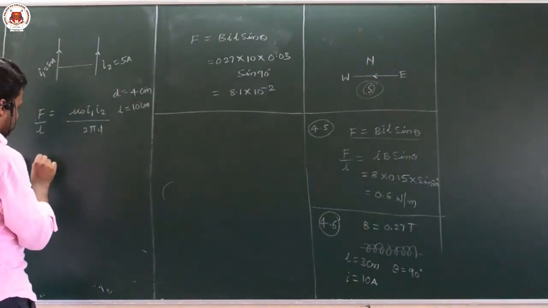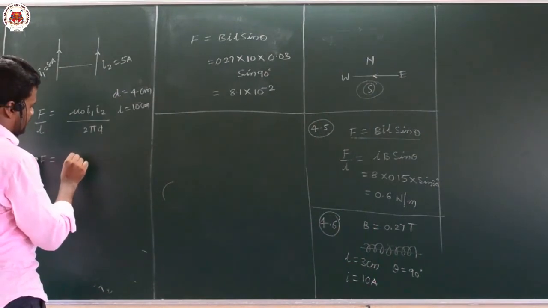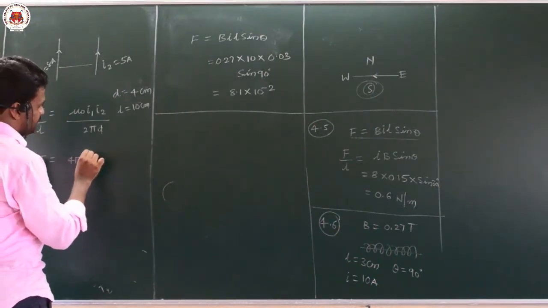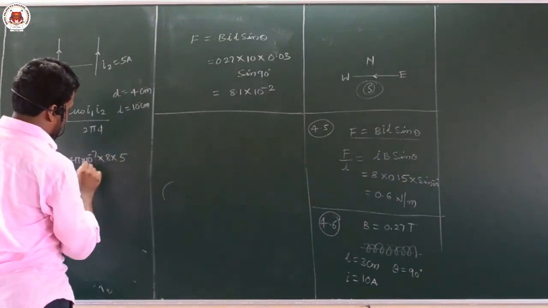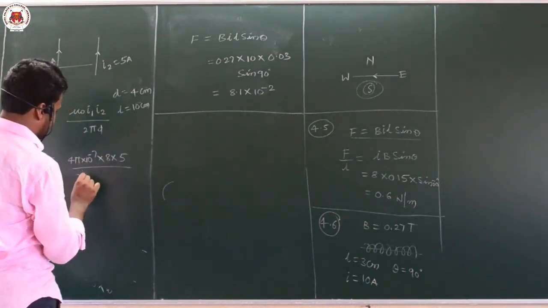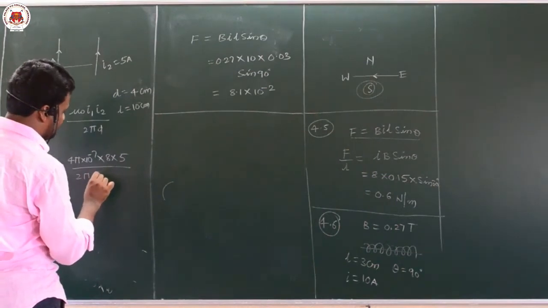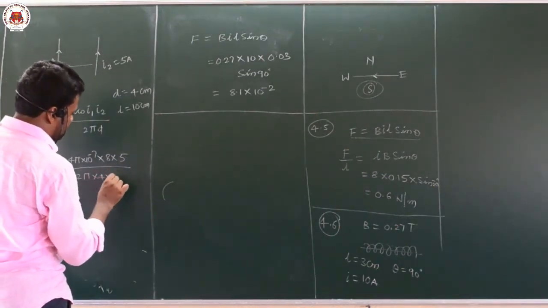So F is equal to 4 pi into 10 to the power of minus 7, I1 is 8, I2 is 5, divided by 2 pi into 4 into 10 power minus 2.